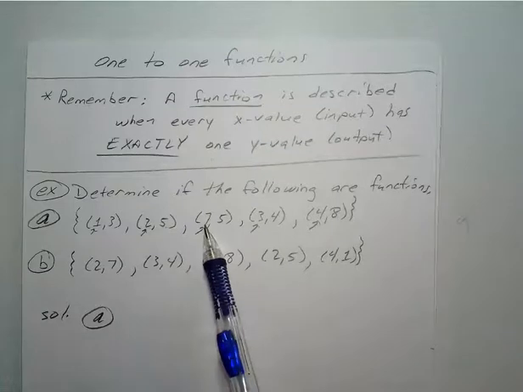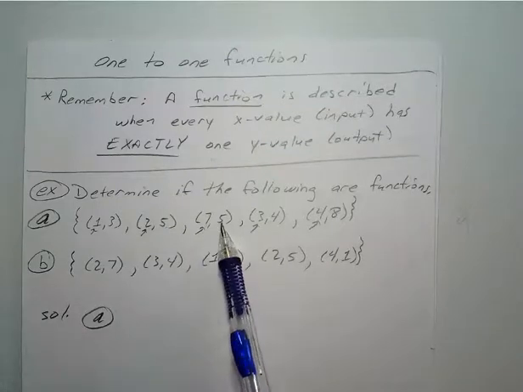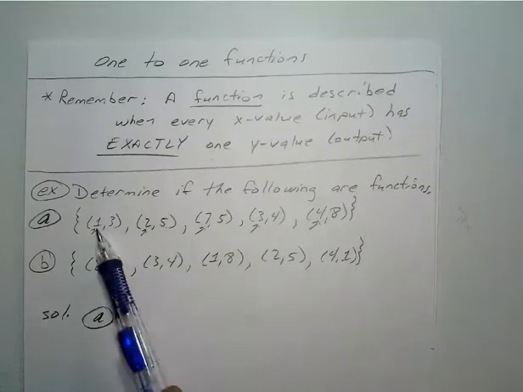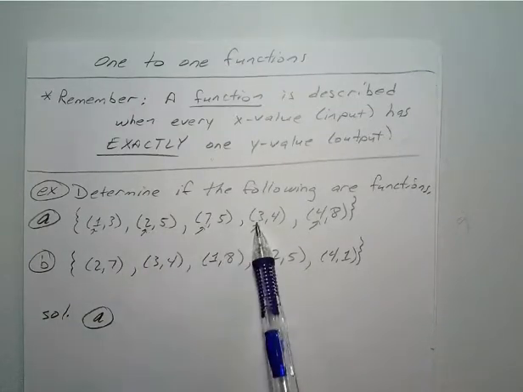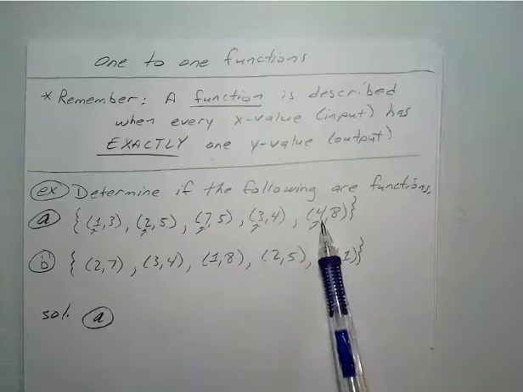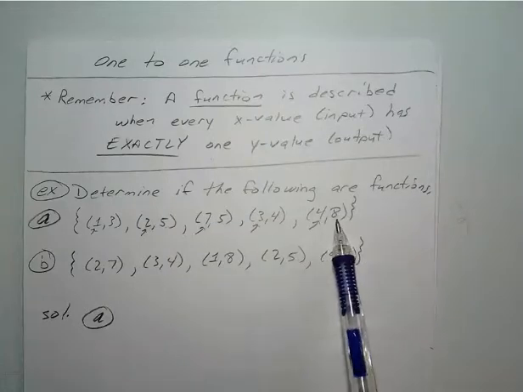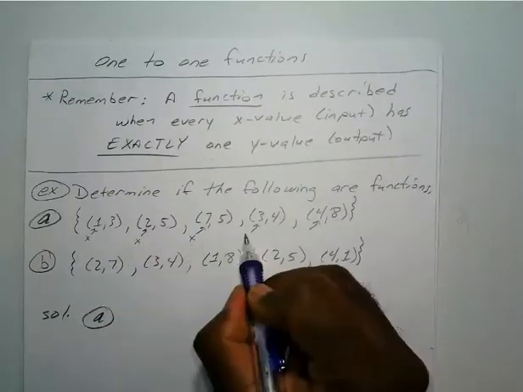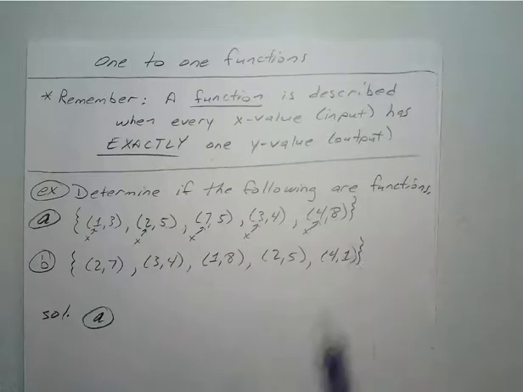When x equals 7, only one y value, 5. You don't see x equals 7 anywhere else. When x equals 3, one y value, 4, and you don't see x equals 3 anywhere else. When x equals 4, only one y value, 8. So each x has only one y value, and A is a function.